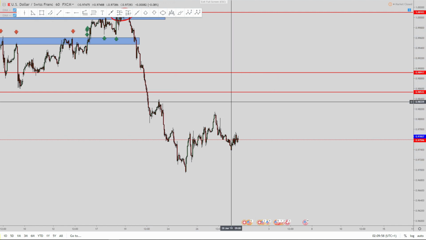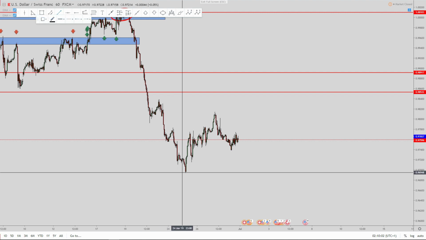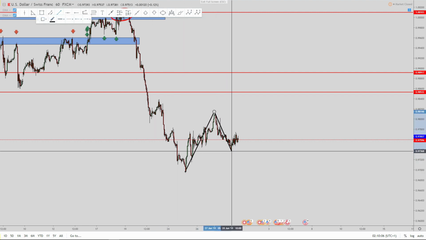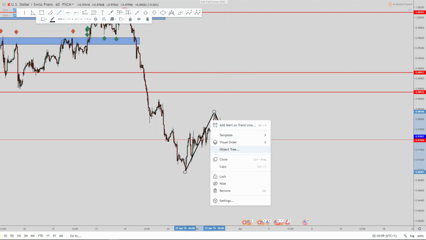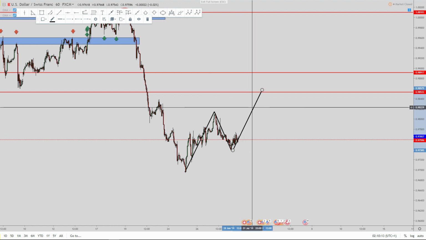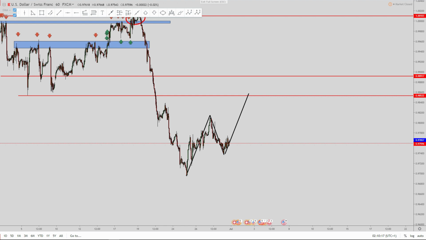So we're looking for a push back up into the zone. Don't forget, we were looking for that one-to-one measured move. So I'll be looking for that to complete. Maybe we may get some consolidation.